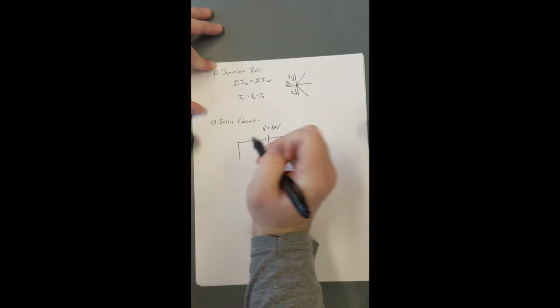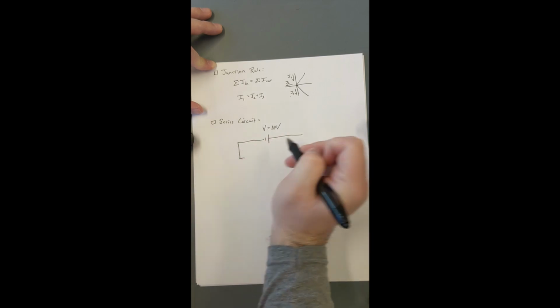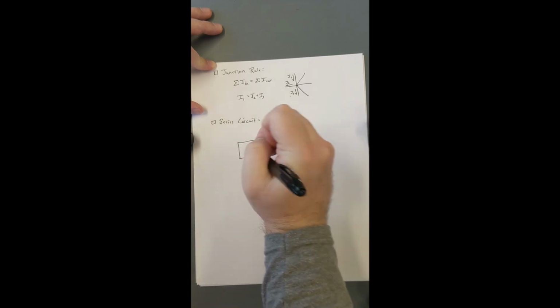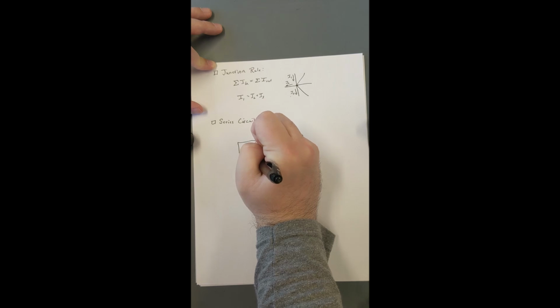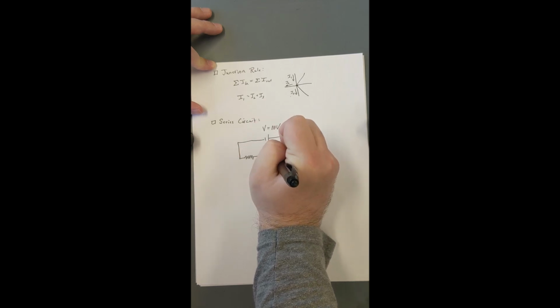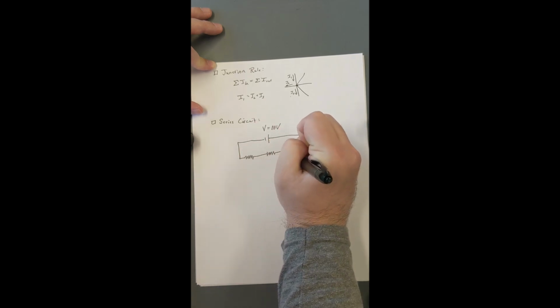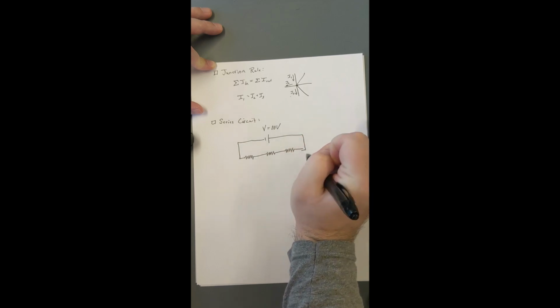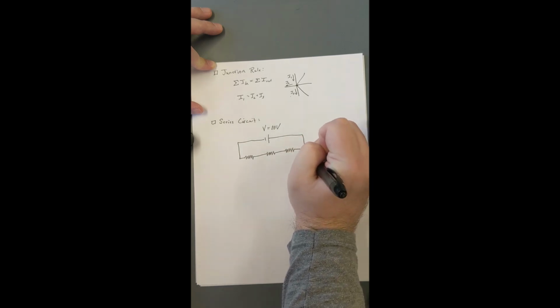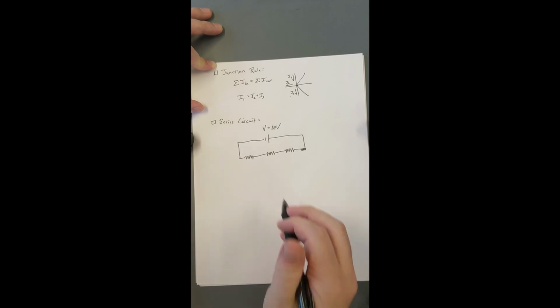And then we'll put into this series 3 resistors. Oops, and then this should connect back. Something like that. They should connect.